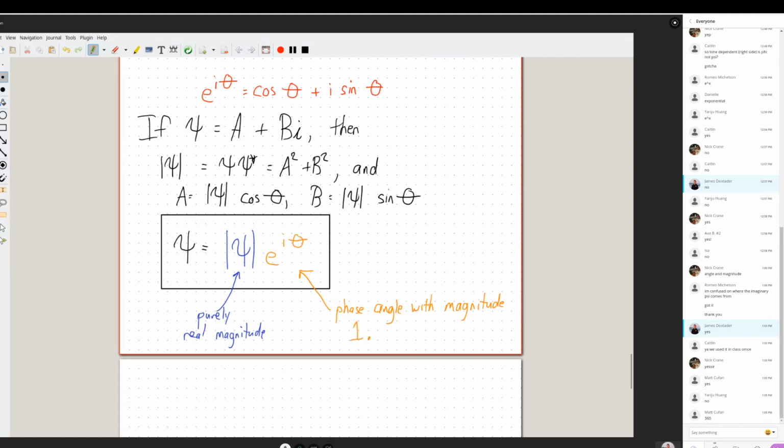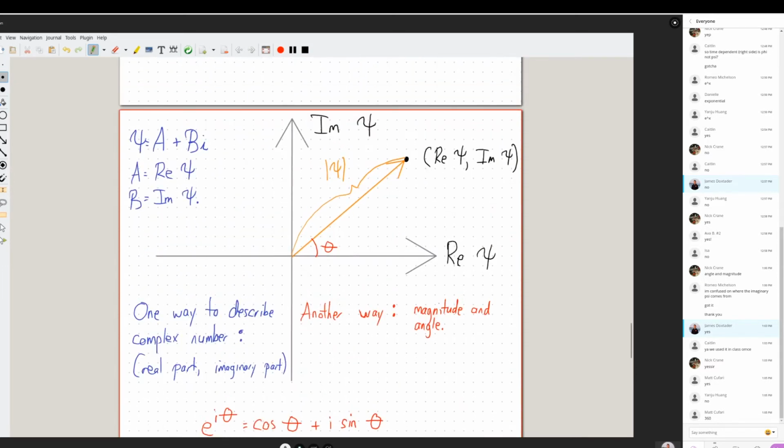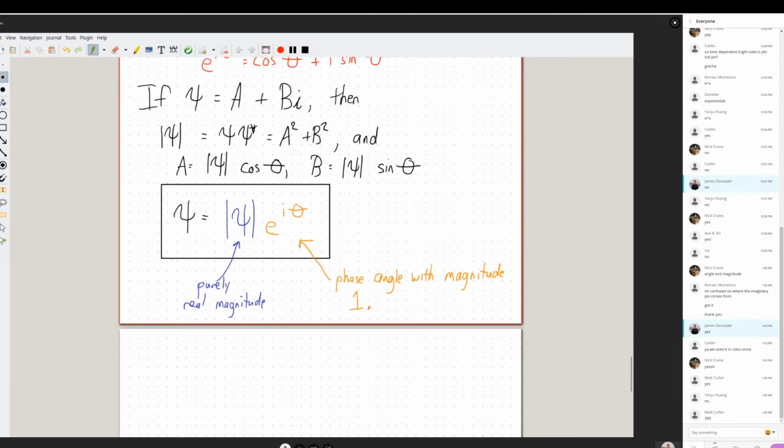So, what does this mean? This means that whenever you see a term that looks like e to the i something, you should think this is a thing with magnitude 1. This is a thing that doesn't change the length of the arrow. It just rotates it around the complex plane.